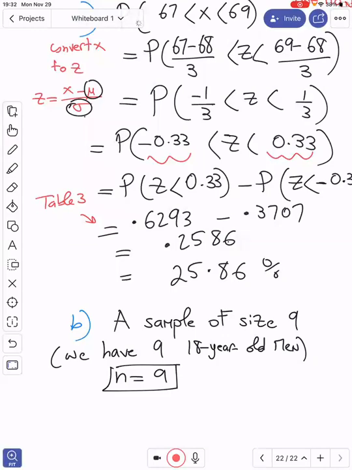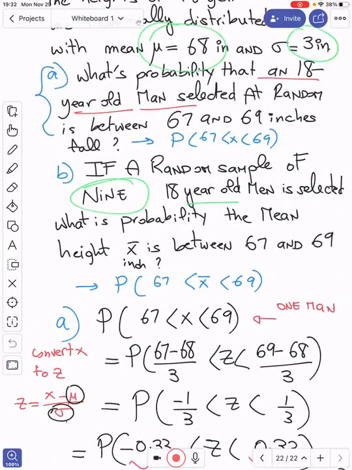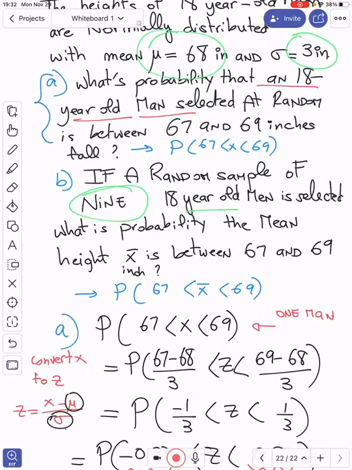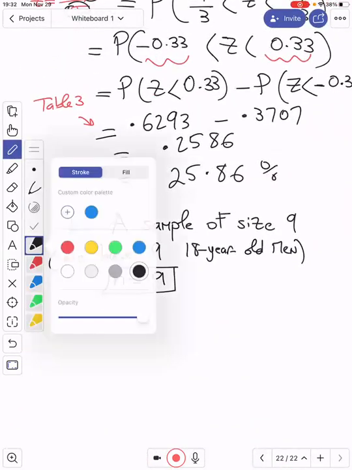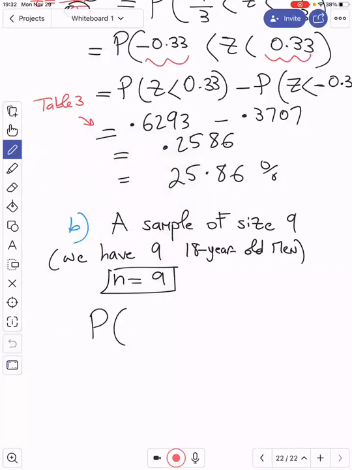Now we are looking for the probability that the mean height x bar, the average height of the 9 18-year-old men, is between 67 and 69. We need the x bar, the mean of the sample, not x but x bar, to be between 67 and 69.